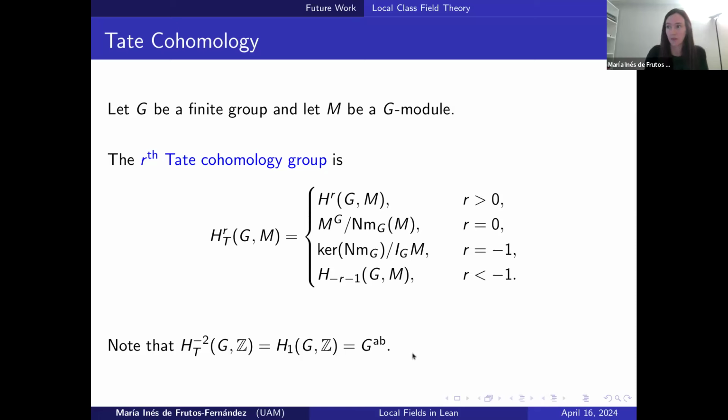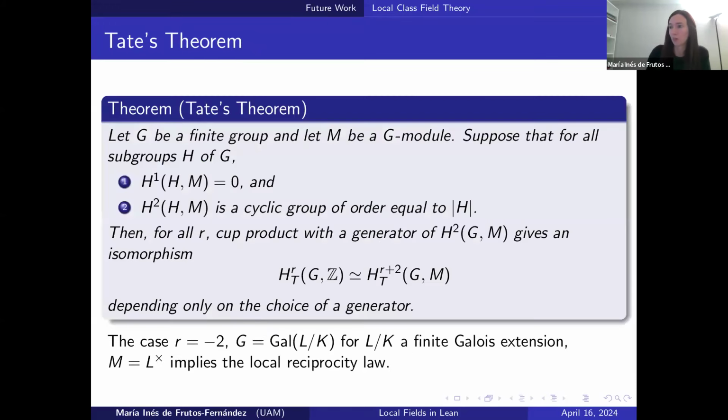So once we have the definition of Tate cohomology formalized, we want to prove this theorem of Tate that says that if G is a finite group and M is a G-module such that these two properties are satisfied: for all subgroups H of G, the first cohomology vanishes, and the second cohomology is cyclic of order equal to the size of the group H. Then for every r, cup product with a generator of the second cohomology group is going to give us an isomorphism between H^r and H^(r+2).